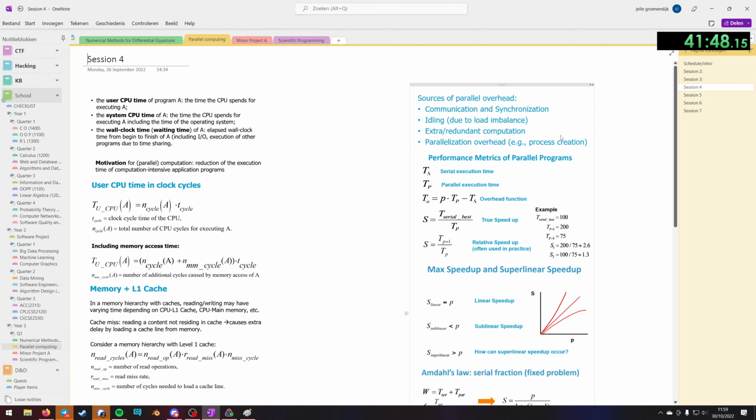equals p squared times n to the power minus 2.